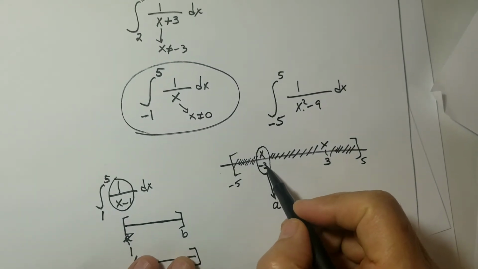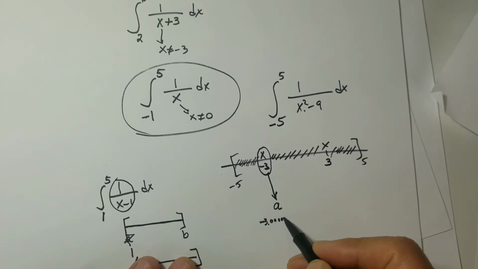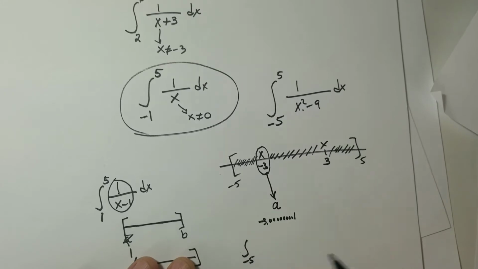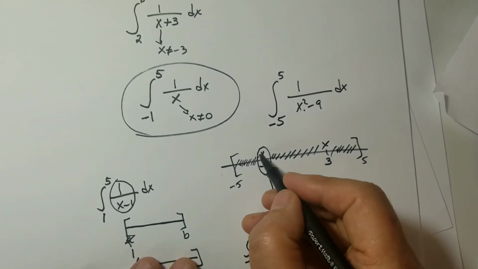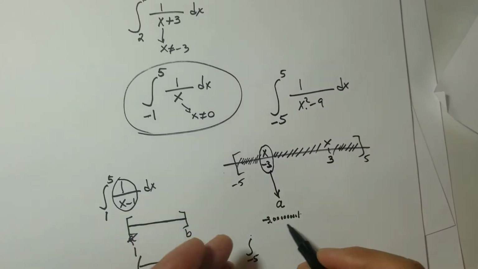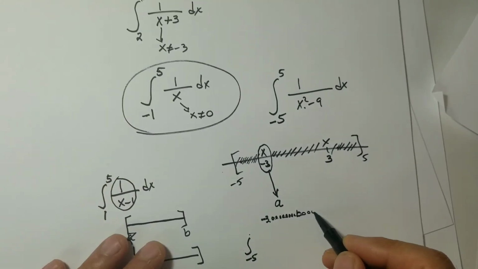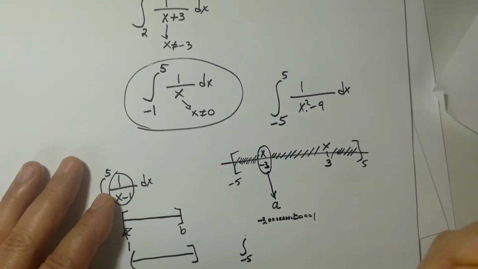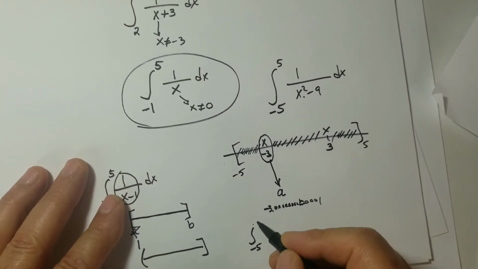Don't put negative 3, but you can have negative 3.000000001 and go from negative 5 to negative 3.000000001, which is really to the right of it, but it's not much different from negative 3. But that's too many zeros. How many zeros am I going to put to have the smallest number larger than negative 3? I said, you don't have to put all those zeros. Just call it an a.